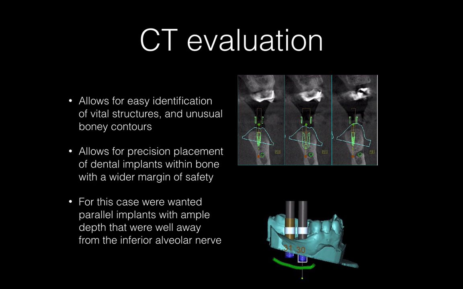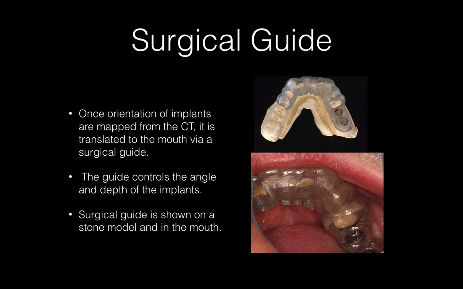That can be misleading when you're looking just in the mouth. So the CT allows for precise placement of the dental implants within the bone with a wider margin of safety. For this case, we wanted parallel implants with ample depth that were also well away from the inferior alveolar nerve.